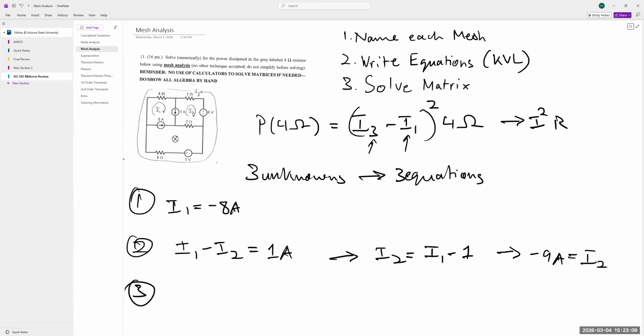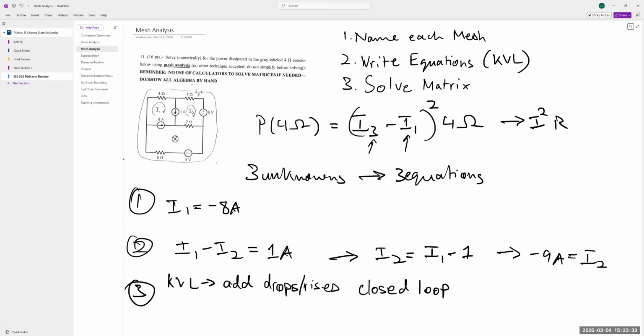Okay, let's see. Now for I3, we have this outer loop over here. We're going to follow KVL, add all the voltage drops or rises in the closed loop.